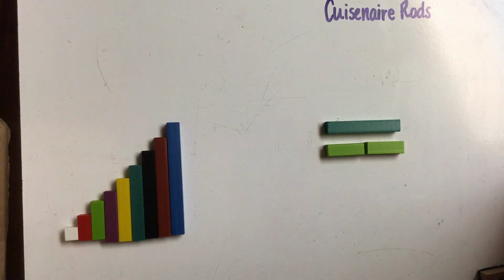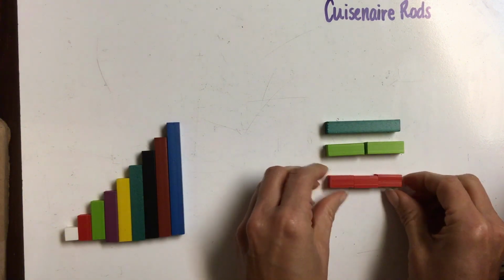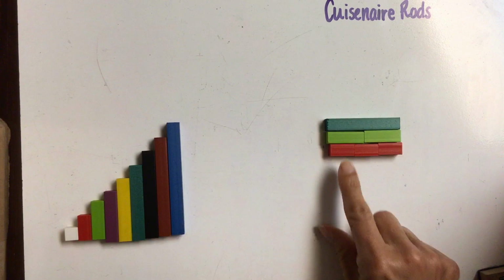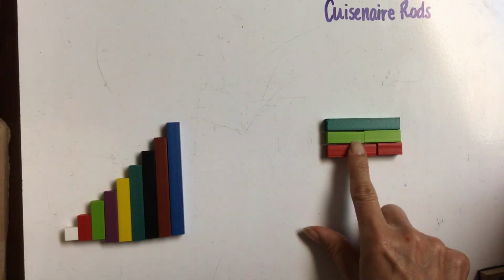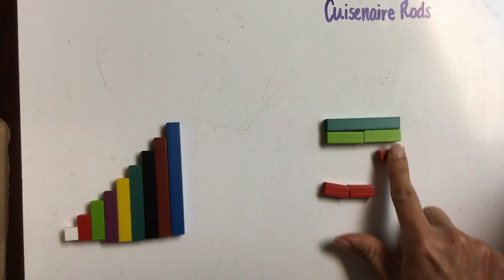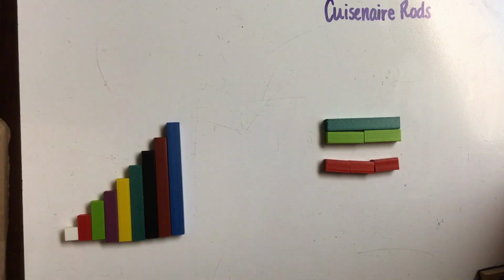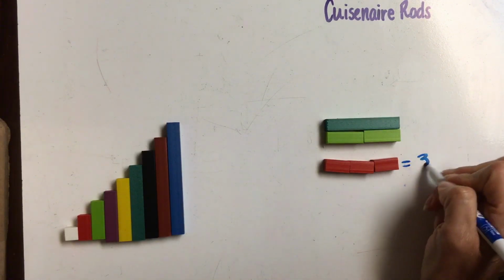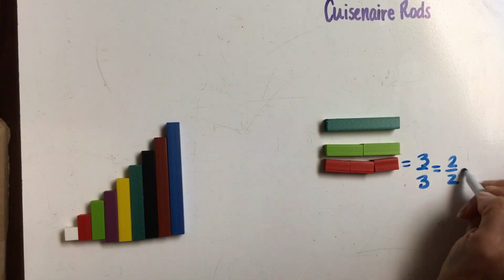Again, now this is practicing procedural fluency of the concept that you've understood in partitioning into equal parts. Can you further partition this with other colors? Yeah, I can. So I now can use 3 reds. So 1 red is 1/3. 2 reds is 2/3. 3 reds is 3/3. 3/3 is equal to 2/2, which is equal to 1.